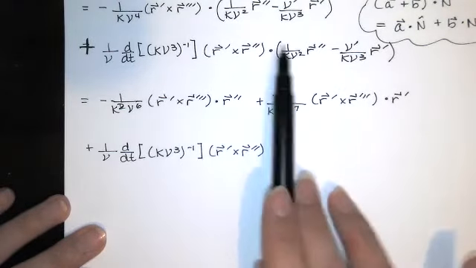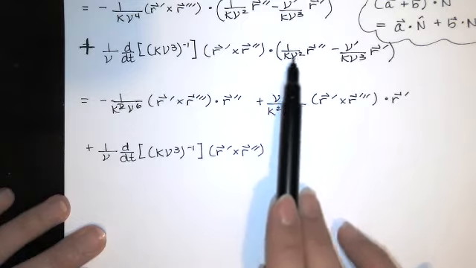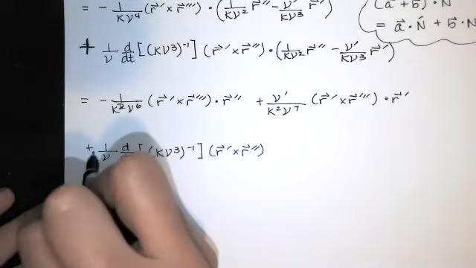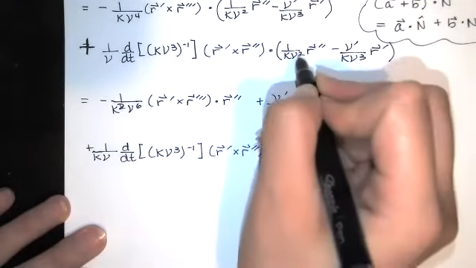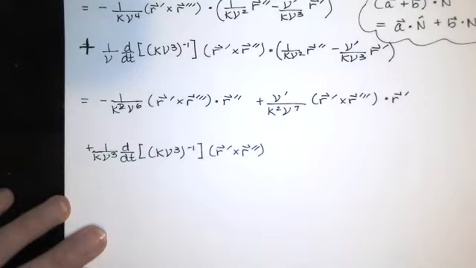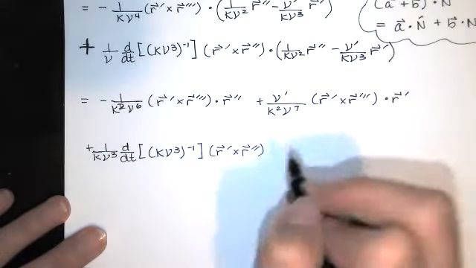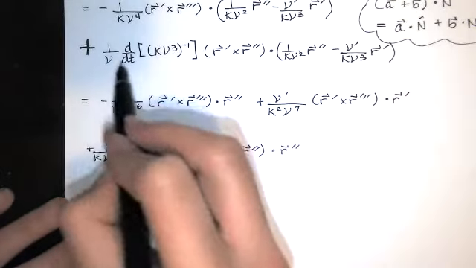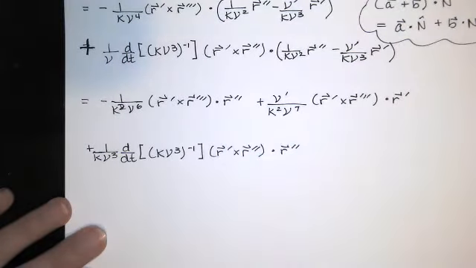So we've got this times this. You can factor out that scalar. So this scalar times this one is going to give me a kappa, and a nu times nu squared is nu cubed. Okay, and then we're dotting with r double prime. And then we've got this whole thing dotted with this guy.